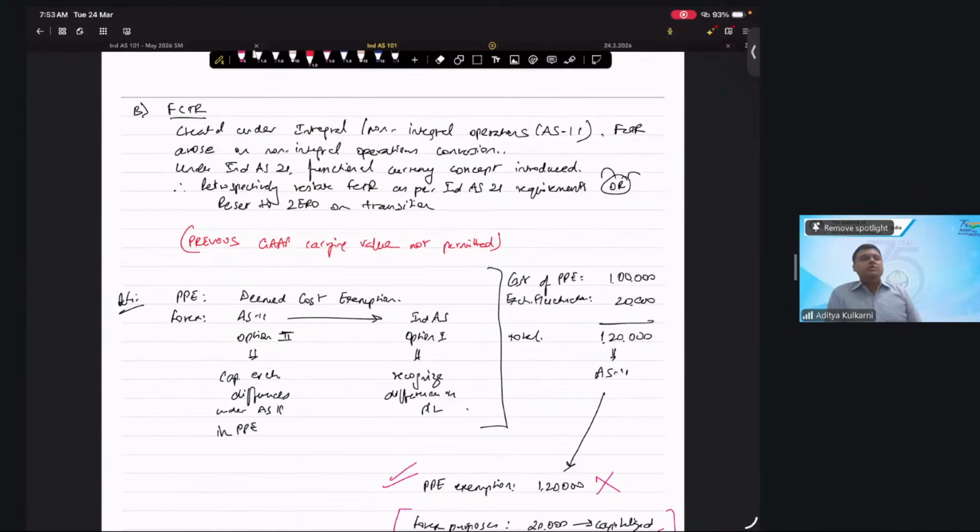So Ind AS 101 is a very peculiar standard in the sense that it tells you where you can diverge from the principles of the other Ind ASs, but only once in your life, which is at the time of adoption of Ind AS. Thereafter, no such adjustments.